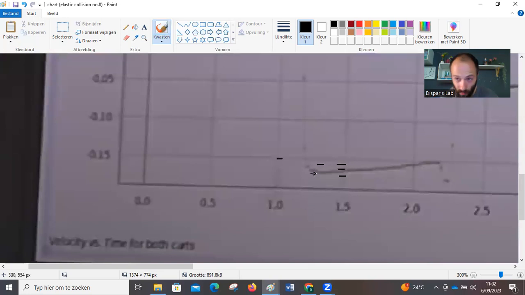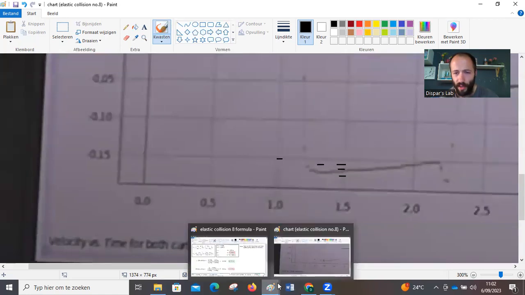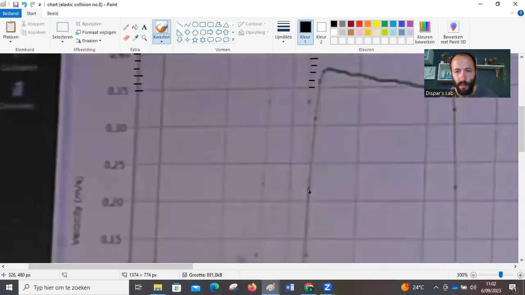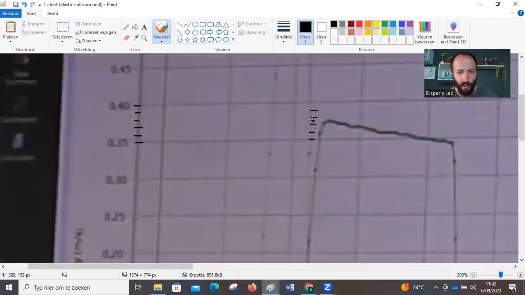That's what I think. I have to use my eyes now. I cannot perfectly tell it, but it looks like minus 0.175. So I'm going for 0.175 for the recoil.